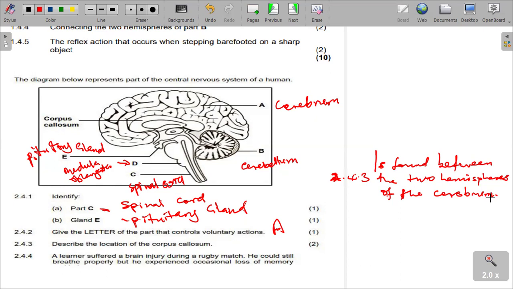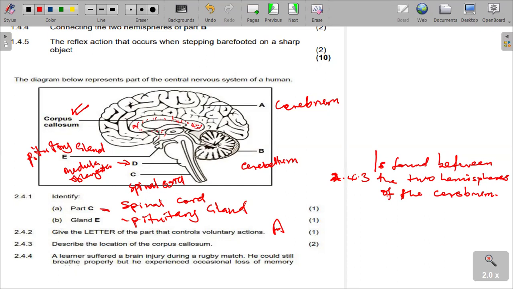That is the location. As you can see, the corpus callosum is given there. We have got the left and the right hemisphere, and the corpus callosum is this part that you are seeing there. So the corpus callosum is found between the two hemispheres of the what?